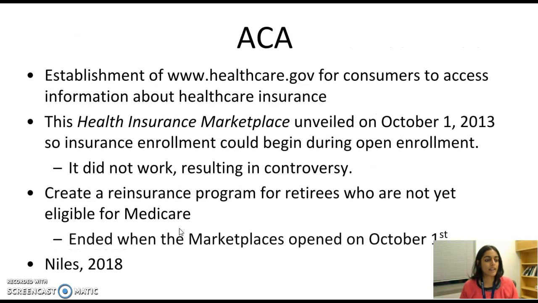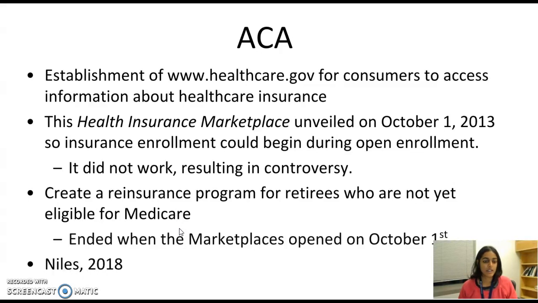So ACA establishment of healthcare.gov was a big plus for people to be able to access a health insurance marketplace, which was unveiled on October 1st, 2013. And it's a very accessible and helpful website to be able to shop for health insurance by state or by different criteria.